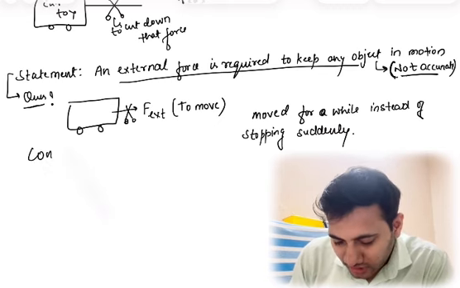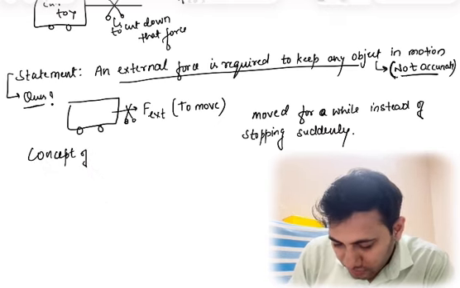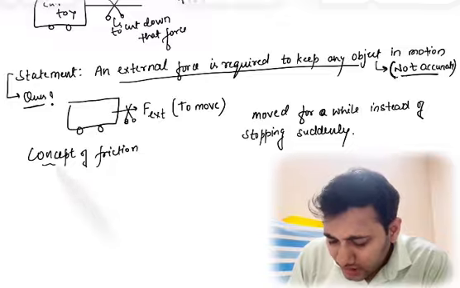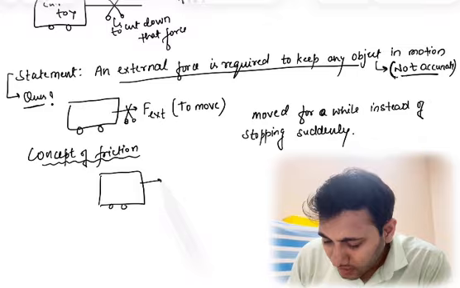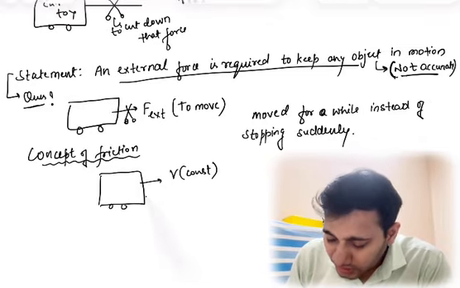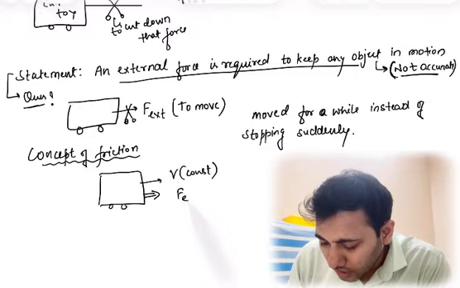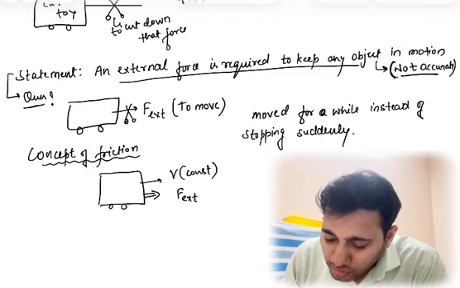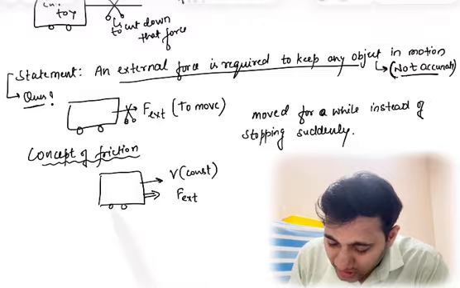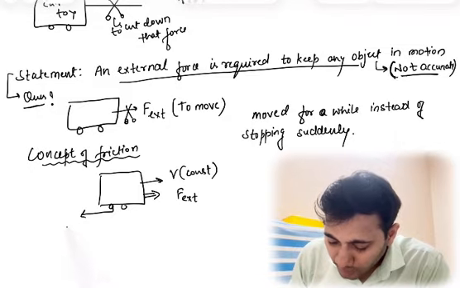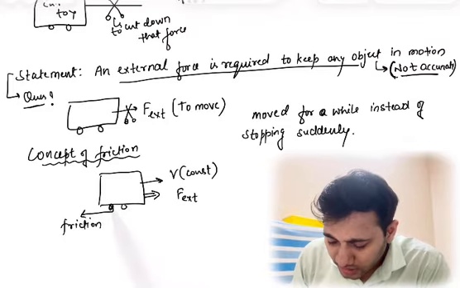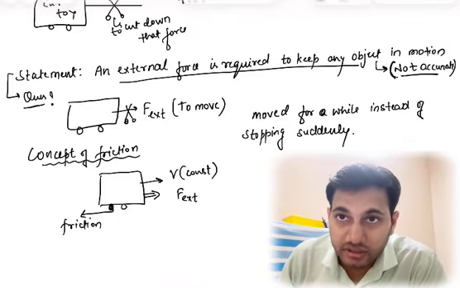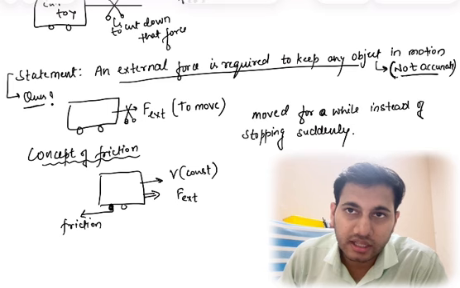So let me write over here, concept of friction. What exactly they mention is that if an object is moving with a constant velocity v, then an external force is required not to move that object, but instead to overcome a force known as friction force, that exists between the contact surface, that is the ground, and that object.